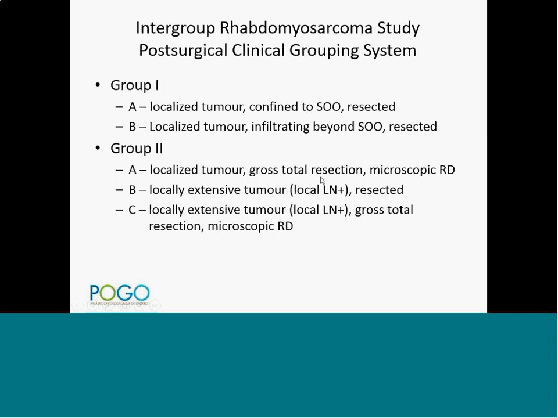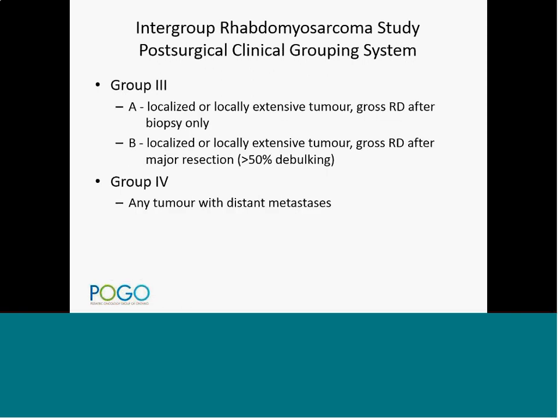So you have microscopically positive margins when you look down the microscope, or it's a local extensive tumor with local lymph nodes being positive and tumor totally resected, or 2C would be, again, locally extensive tumor with total resection, but microscopic residual disease and lymph nodes. So group 2 leaves behind a little bit of residual disease either in lymph nodes or as positive margins.